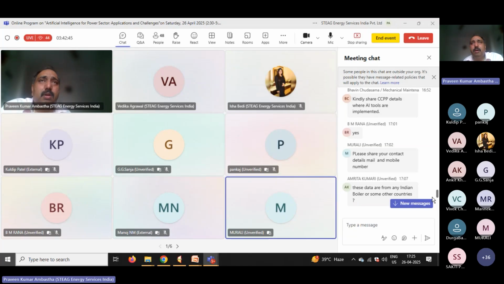Understood. Till now we have not done it, but of course we can do it if we discuss the things. What are the things basically involved in the leakage?